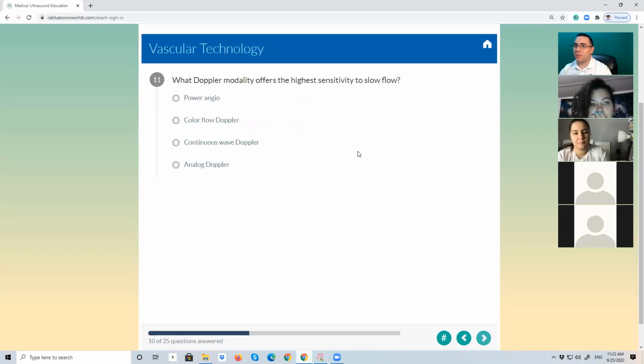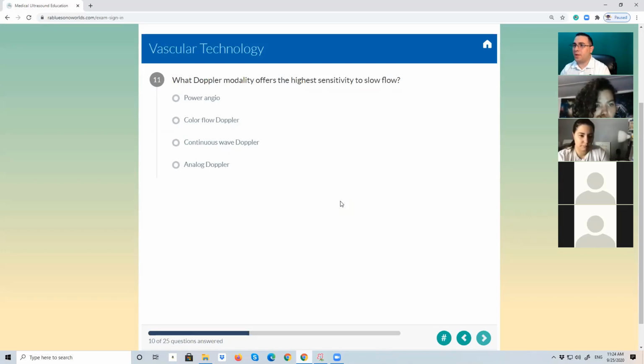And this one, what Doppler modality offers the highest sensitivity to slow flow? How about this one here? Continuous wave.